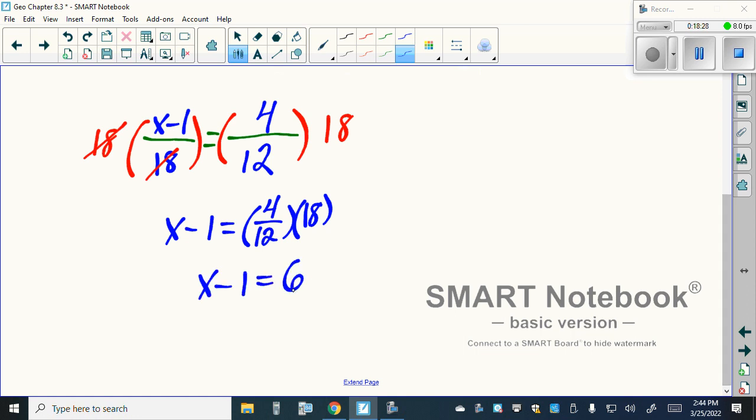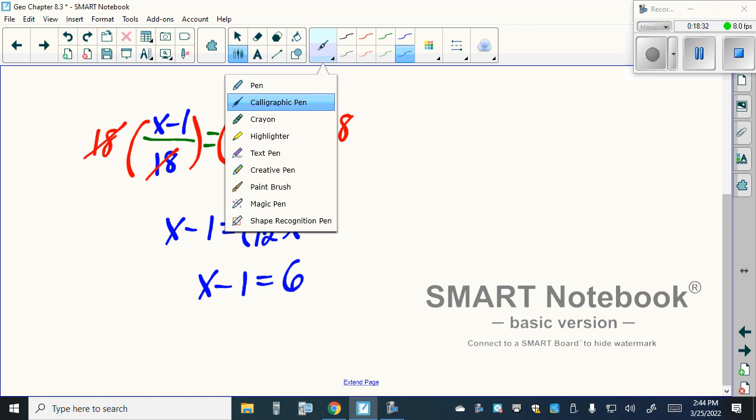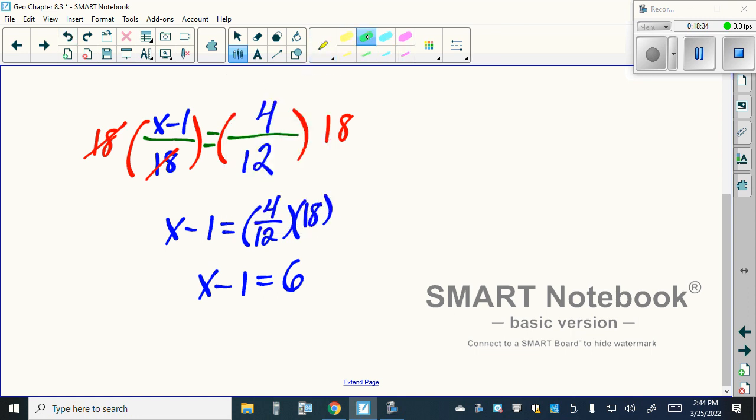Now if we typed all that into the calculator, yep, it would work. Because if we typed this whole thing into the calculator, we would get 6. Well, 4 over 12 is 1/3, and 1/3 of 18 would be 6.